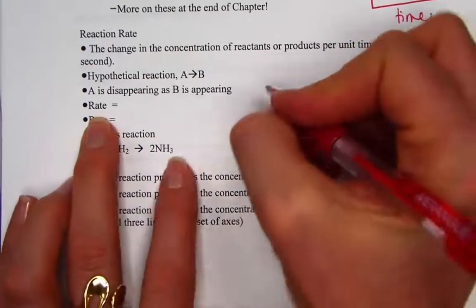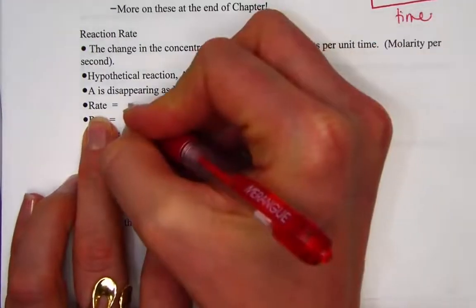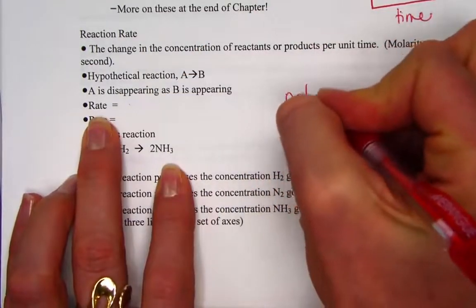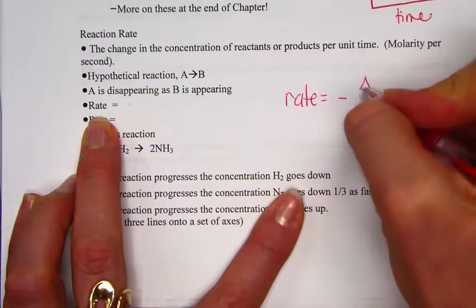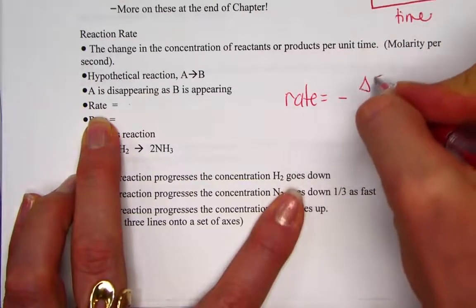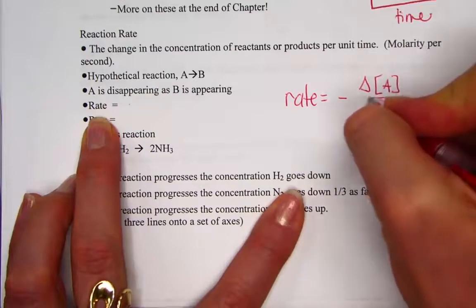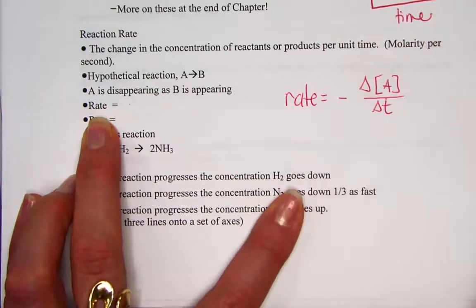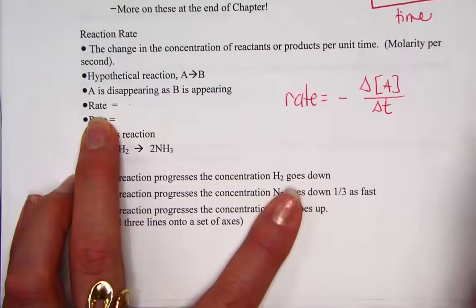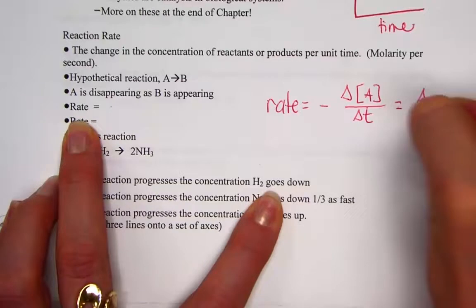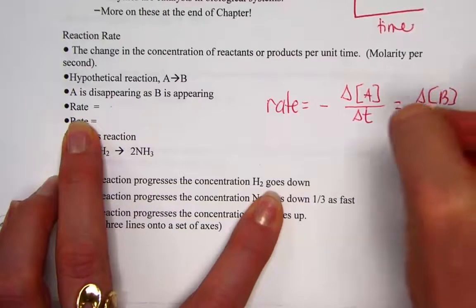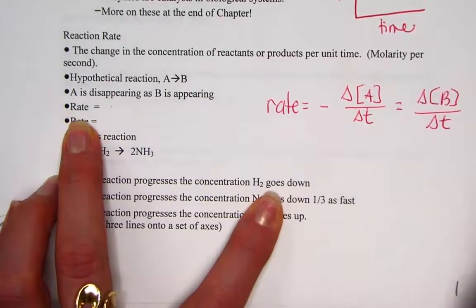If I think about how to express that rate, rate is equal to the change, and that's the delta sign, the change in the disappearance of reactant A over a set time interval, delta T is change in time, which would be equal to the rate of appearance of the concentration of B over the change in time.